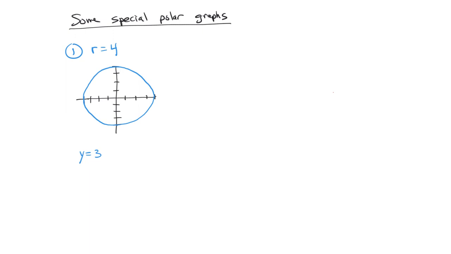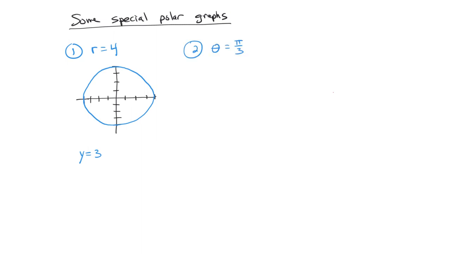So on your graphing calculator, it's pretty easy to punch this in, in polar mode: press r sub 1 equals 4 and hit graph, and you'll get a circle. Although you may have to go to your window to square it, or easier, just press the zoom button, zoom square, to get a nice circle here, okay?